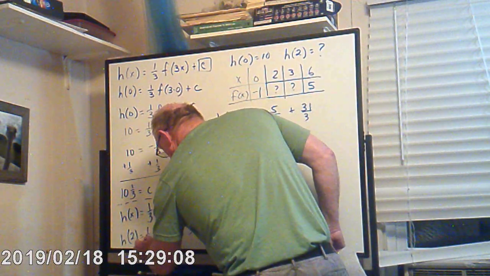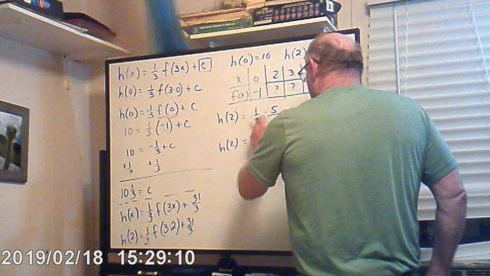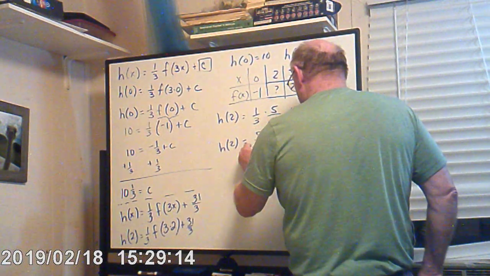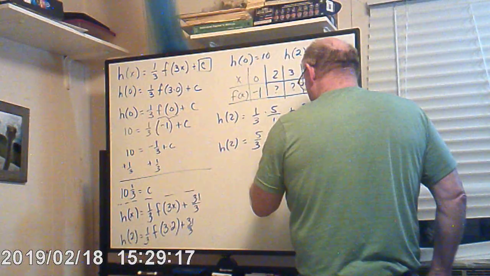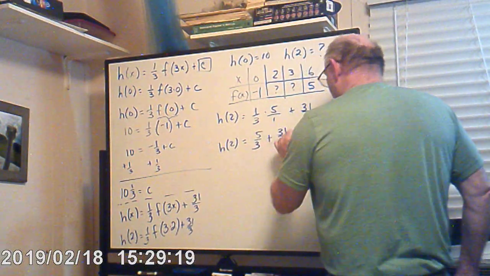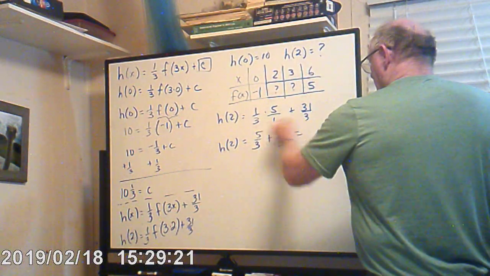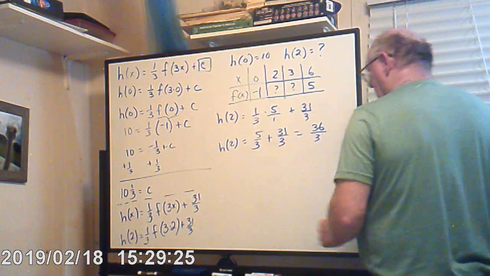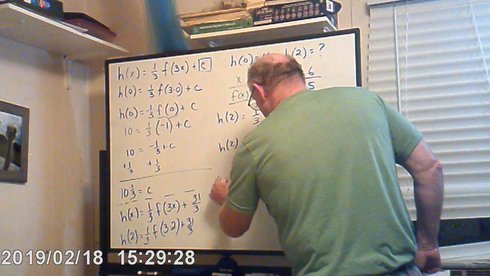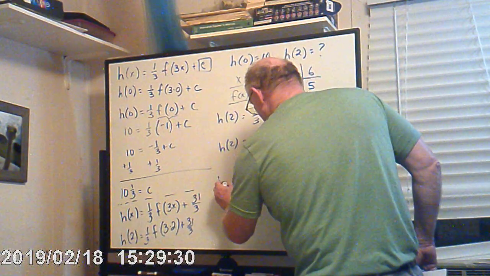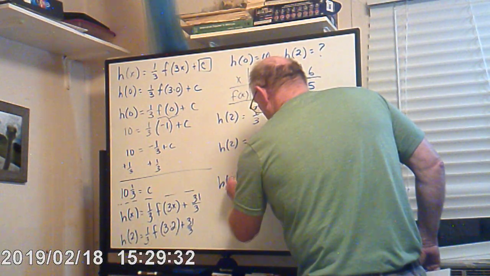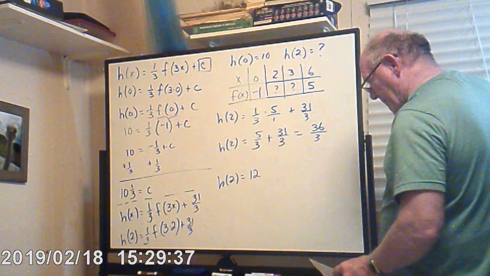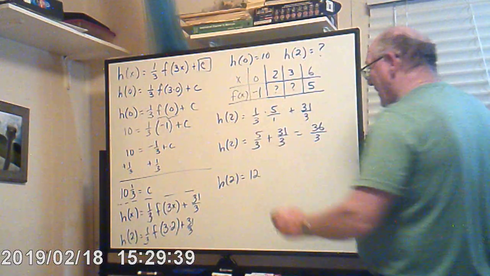Where are you getting 1/2 from, KP Math? Alright, everything's 3 here. I knew something was wrong. Now this is equal to 5 plus 31 is 36, so 36 over 3. And that's equal to 12. So h of 2 is equal to 12. Yeah, a lot, isn't it?